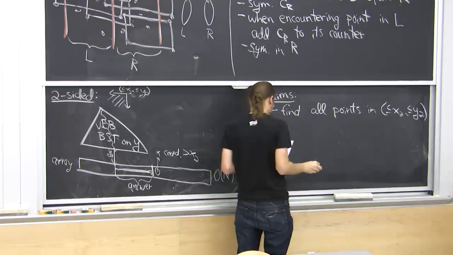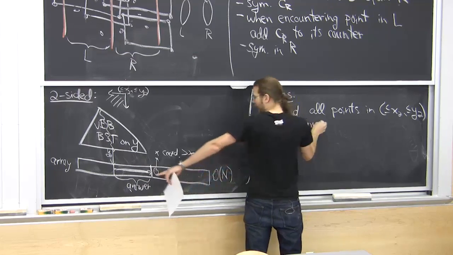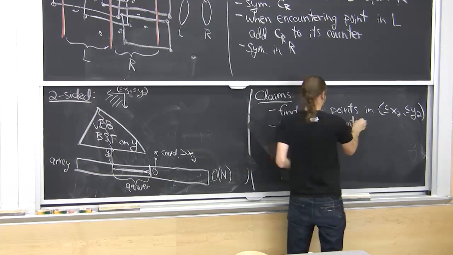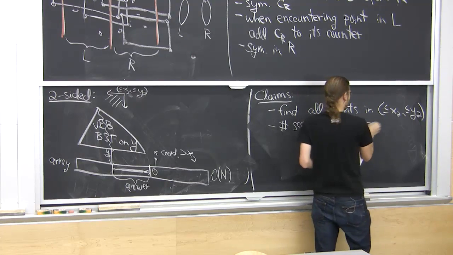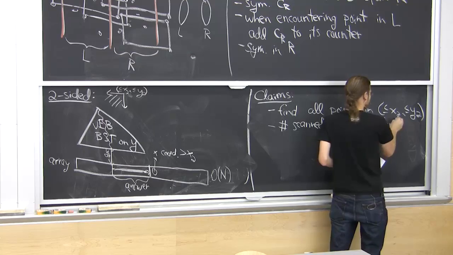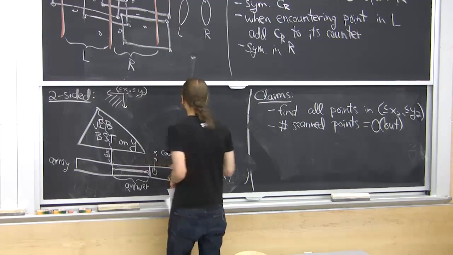Second thing is that the number of scanned points, the length of that step here, is order the size of the output, the number of actual output points. So we don't waste time doing the scan.